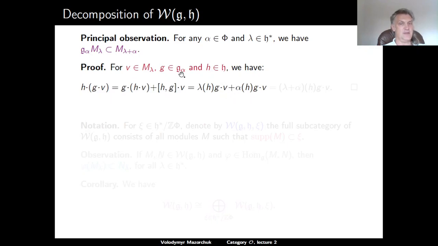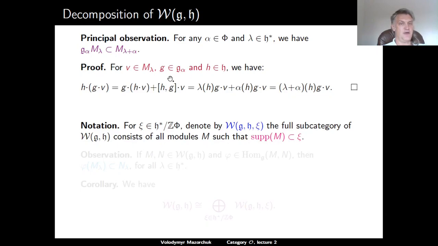Since g was an element in G_alpha, the commutator of h and g is alpha(h) times g. Now if we collect this together, we get the element gv times the scalar given by (lambda plus alpha) evaluated at h. This means exactly that gv is an element in M_(lambda plus alpha). So this observation motivates the following.